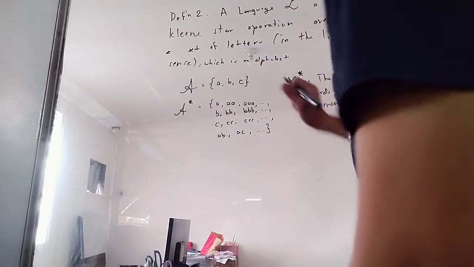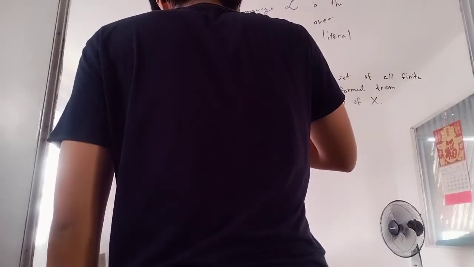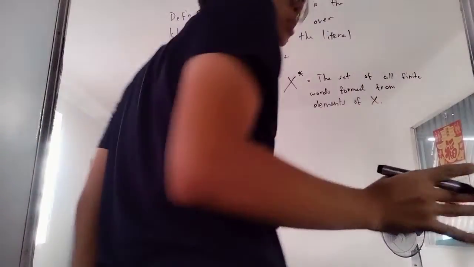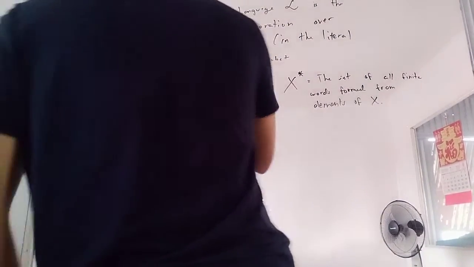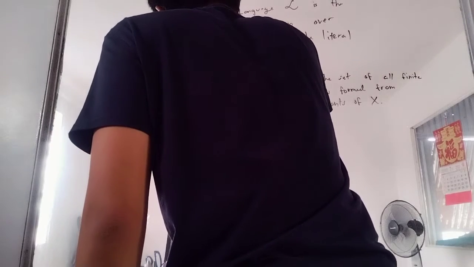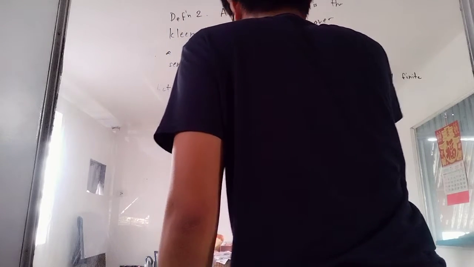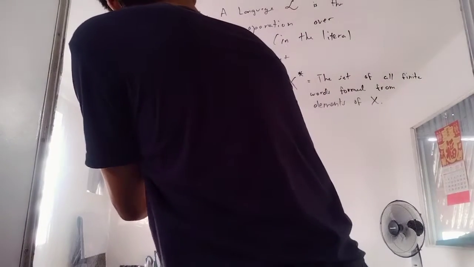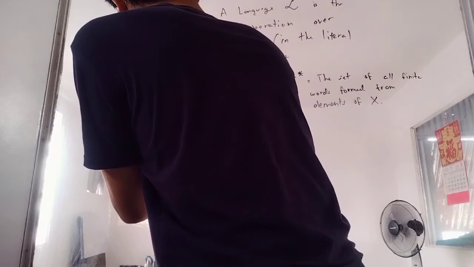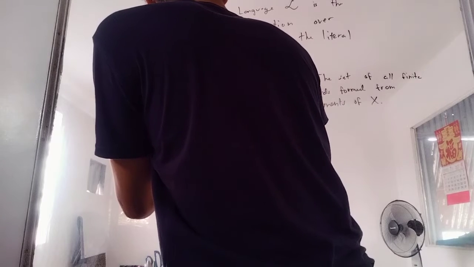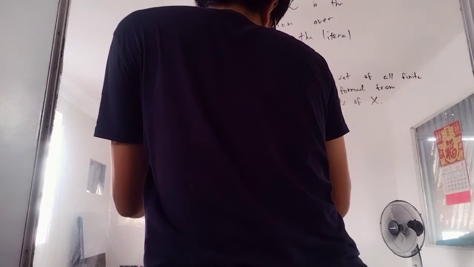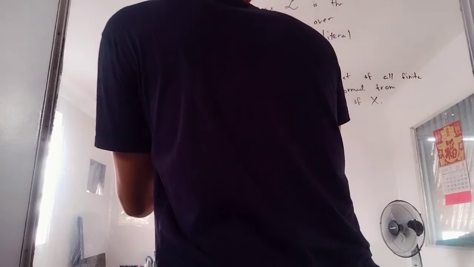If we have the entire English alphabet, all 26 letters, disregarding lowercase and assuming uppercase letters, so if we let A equal A, B, C, dot dot dot, X, Y, and Z, then the Kleene star operation on A is the entire English language.